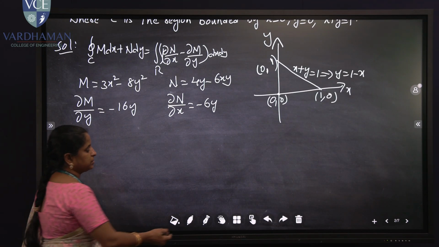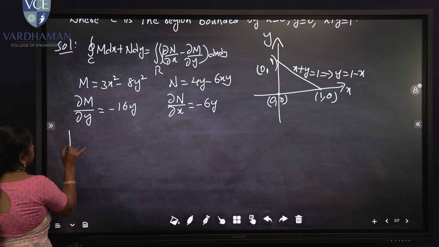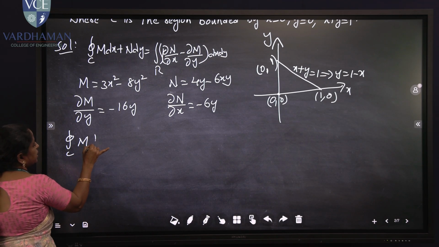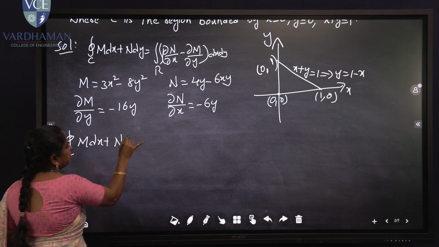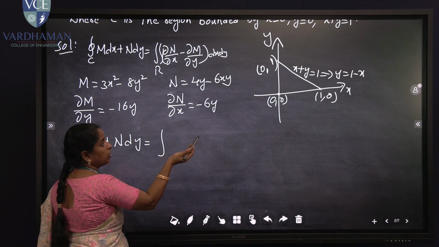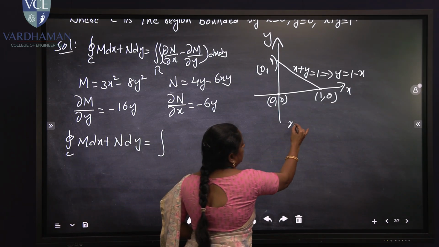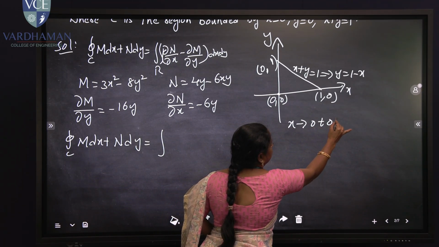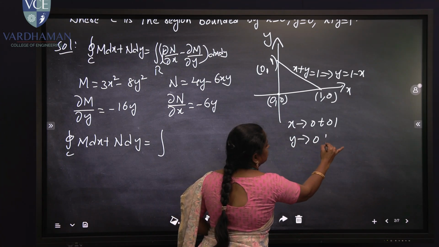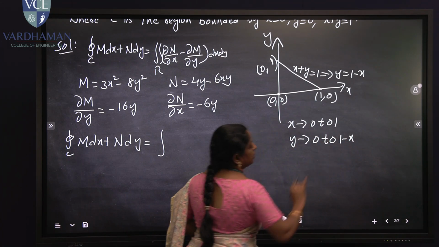Now we substitute this. By Green's theorem, the closed integral over c of M dx plus N dy equals the double integral. Already from the graph it is clear that x varies from 0 to 1 and y varies from 0 to 1 minus x.